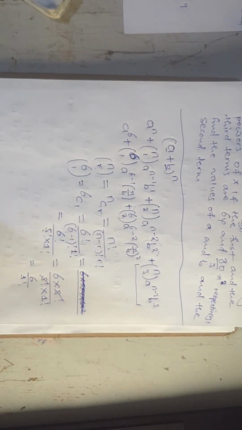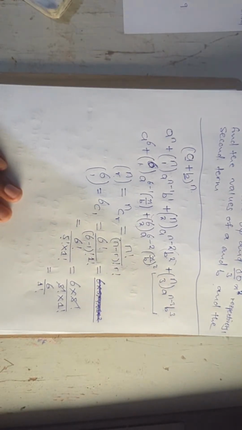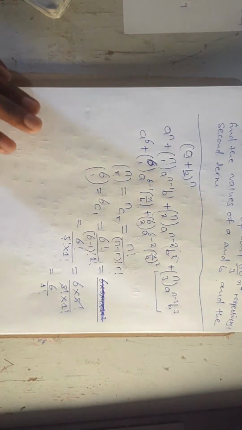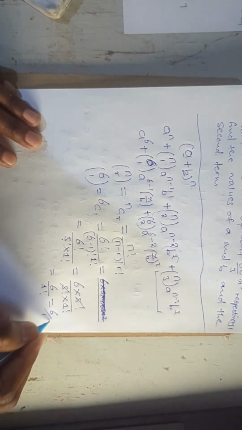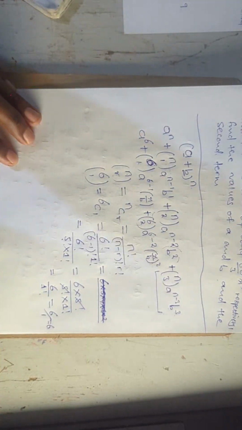Guys, 1 factorial is the same as what? Okay, good. People are able to respond. So 1 factorial is the same as 1. So this is going to be 6 over 1, which is equal to 6.